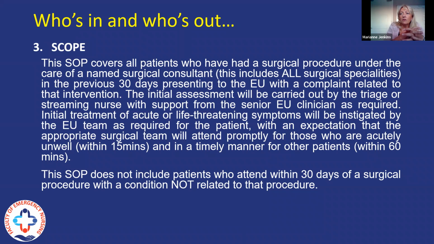So if you have somebody who attends in a collapsed state following a surgical procedure, we don't want to delay that surgical team bringing their expertise to that patient's assessment. So it is reasonable to put in our acute timeframes there, and again putting it in later. So whatever you're using in your SOP, start putting some clarity in as to what the thresholds are. So if there are incidences that fall outside how the SOP is being enacted, then you've got some measures to see where the fall down is, or actually to measure when things work very well.